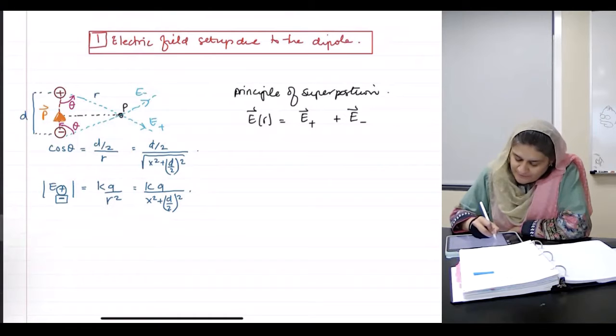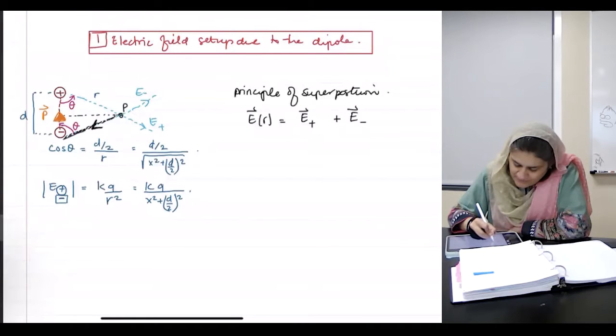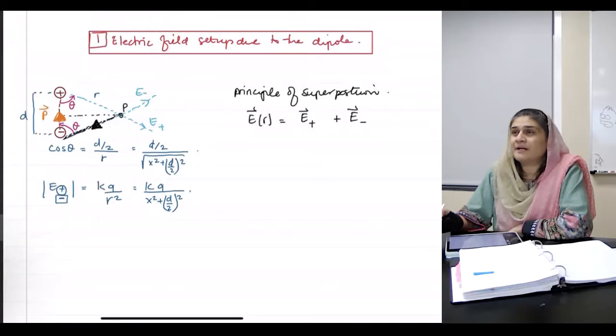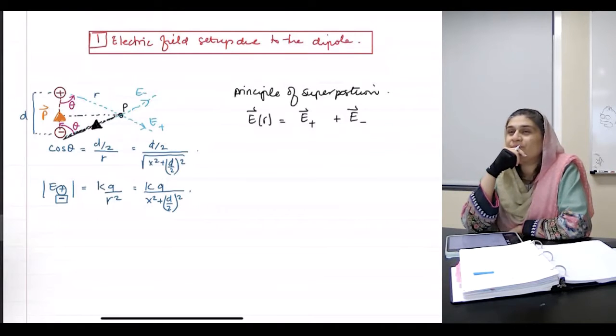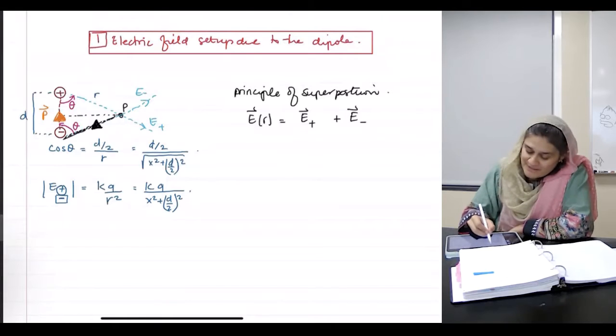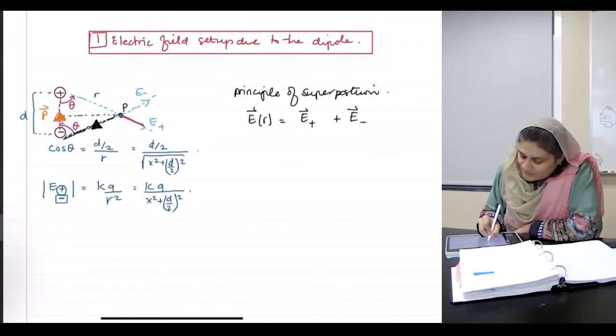Okay, now watch carefully. This is a minus. This arrow needs to be going in here, right? The field points inwards. This arrow will be that way.